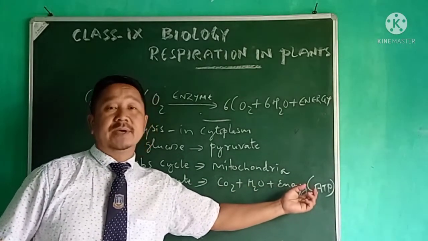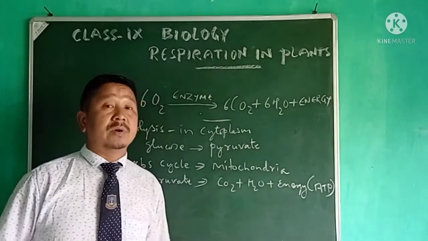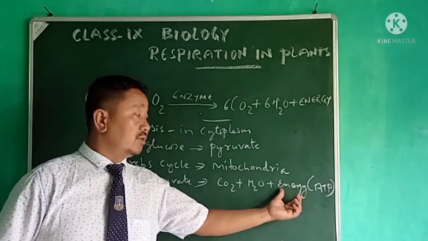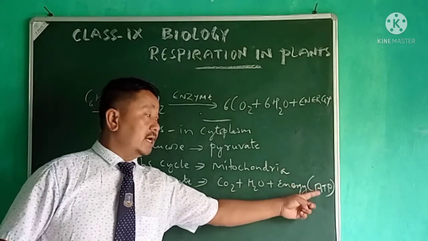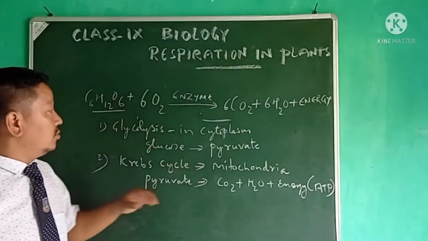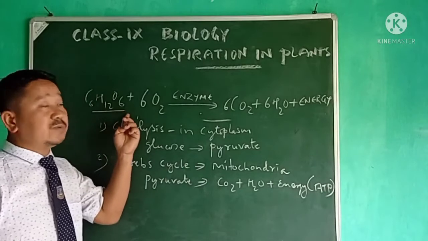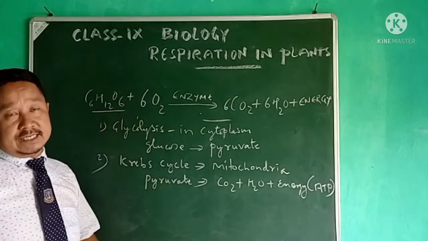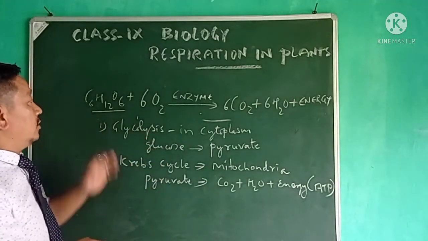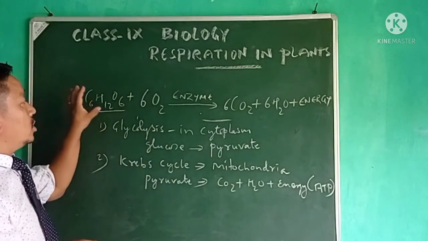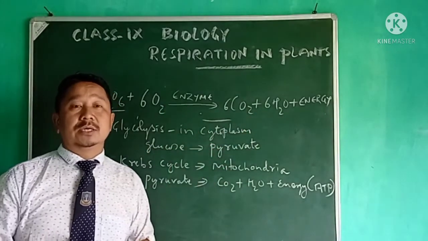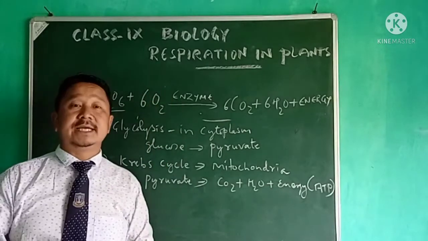Energy here means ATP. So in the second step called the Krebs cycle, pyruvate will be converted into carbon dioxide, water, and energy in the form of ATP. Some amount of heat is also produced, but ATP is the energy-rich compound. ATP stands for adenosine triphosphate. This is how respiration is completed, and how glucose is converted into these products.